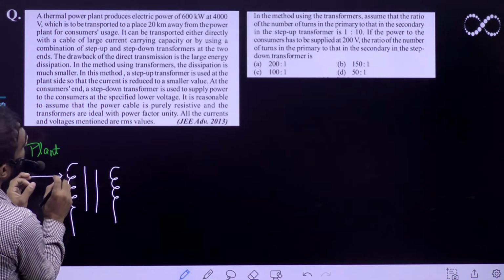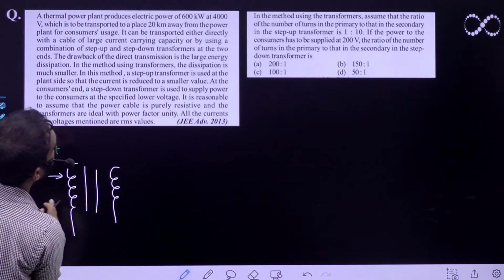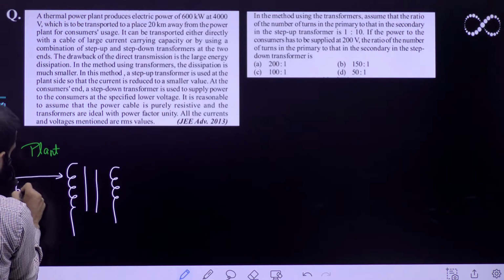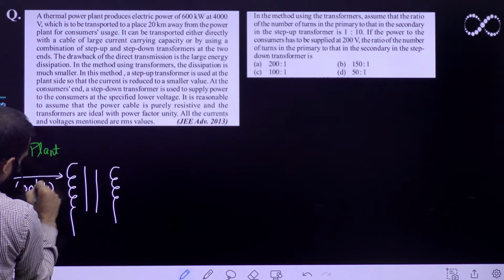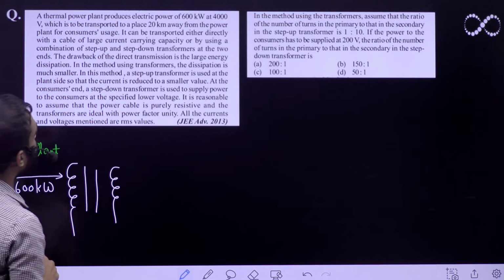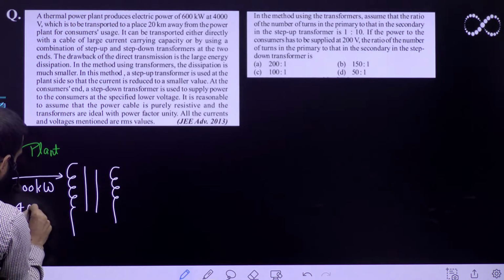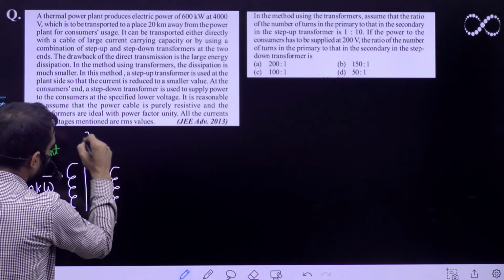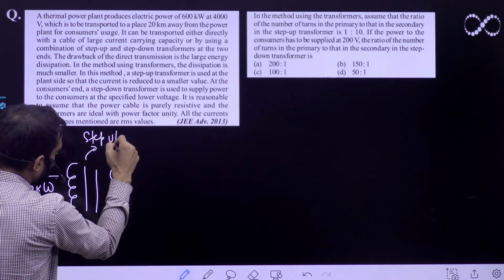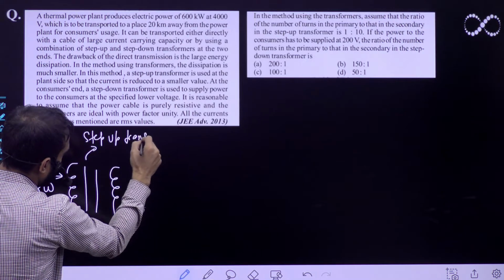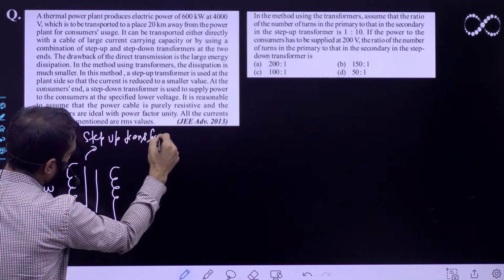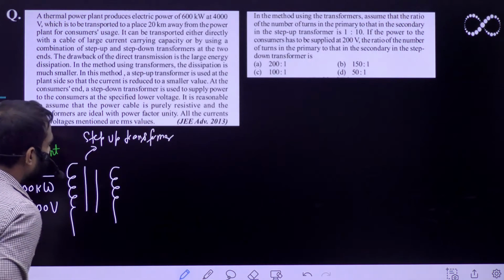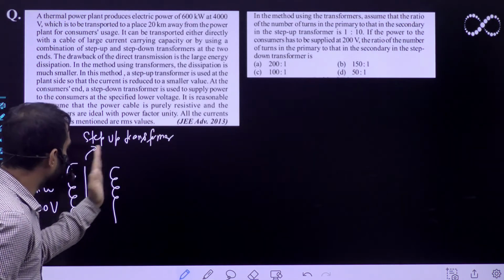How much power is being given at the plant? It is given in the question, that is 600 kilowatt, and the voltage at which it is producing is 4000 volt. Okay, and this is the step up transformer. All right, now this is the primary coil and this is the secondary coil.